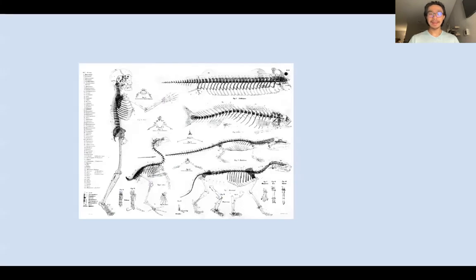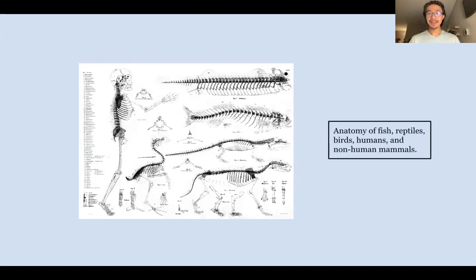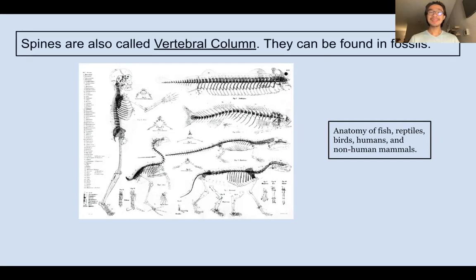You're looking at an image of many bones, and in fact, all of these different skeletal structures have a backbone. That is your spine, that is your back. So some of these are fish, reptile, birds, humans, and non-human mammals. Spine is also called the vertebral column.